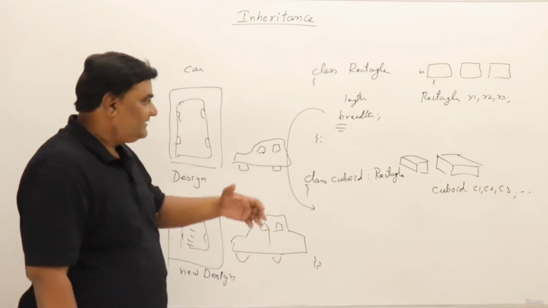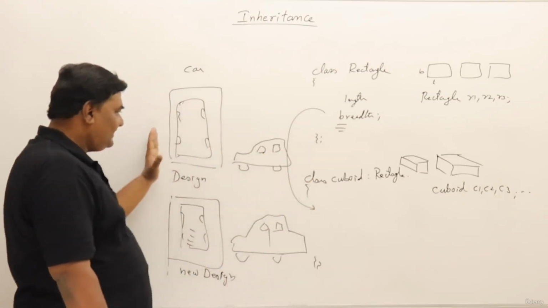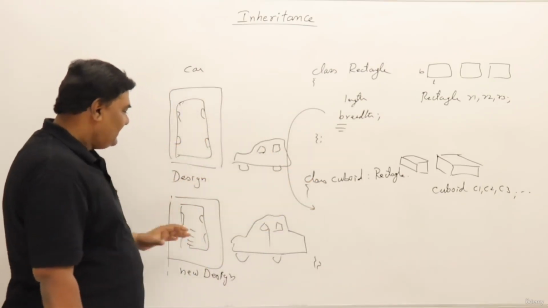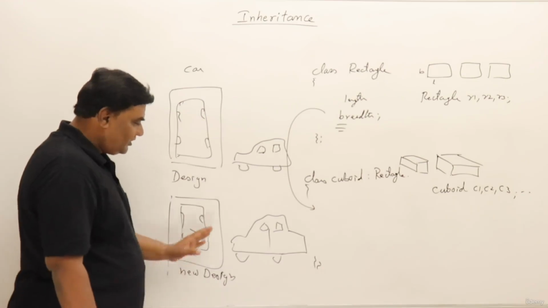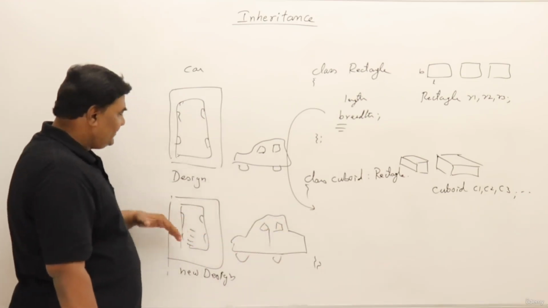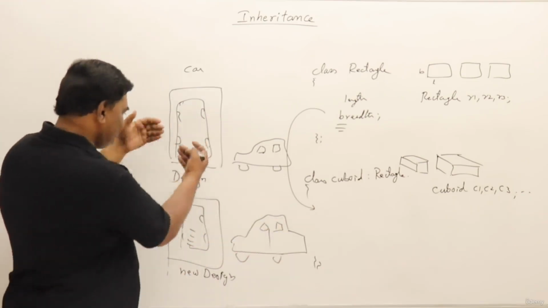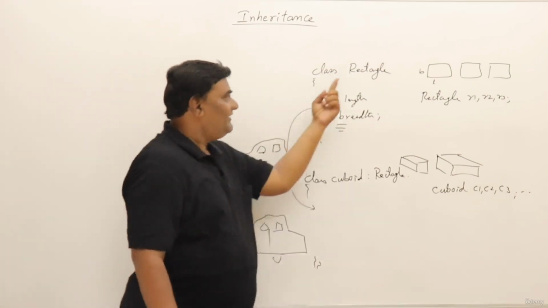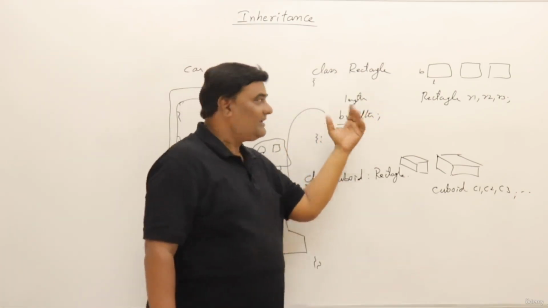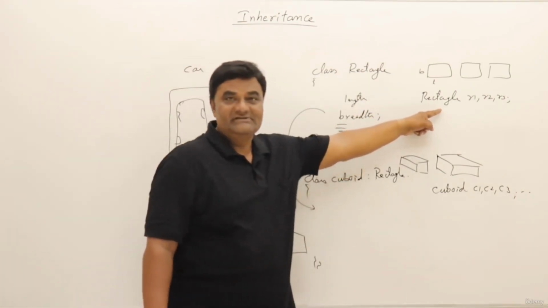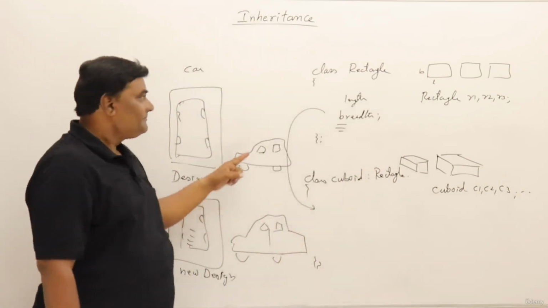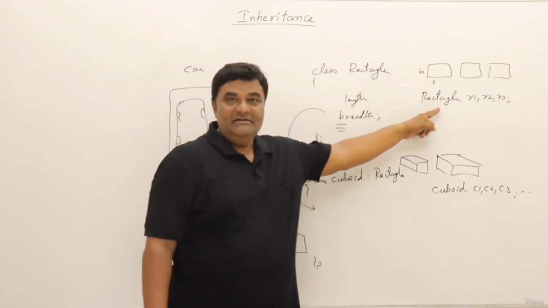Like in other engineering, we have a design and the object of this design, and we have a new design that is the object of the new design, and this new design is borrowing all the features of this existing design. Same way, when I have a rectangle, already a design is there, and these are the objects. Like the car on the road, a rectangle in the memory.